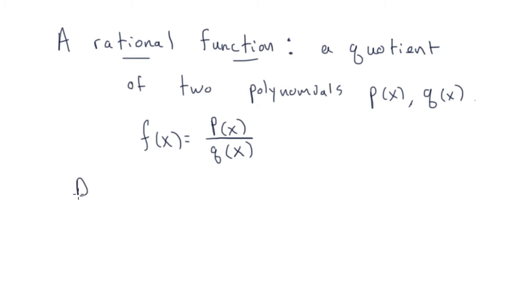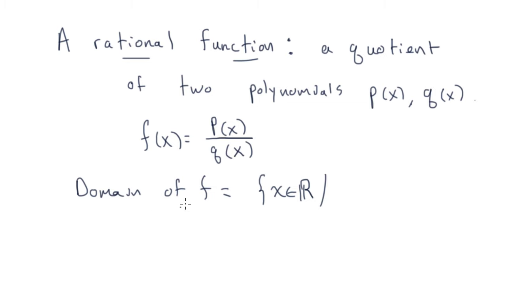And now the domain of f, well, it's just going to be the set of real numbers. Remember that the domain of a polynomial function is all real numbers, so there's no problem unless, so we need to think about the zeros of q, because a zero of q is going to make the denominator 0, and we're going to be dividing by 0, which is a problem.